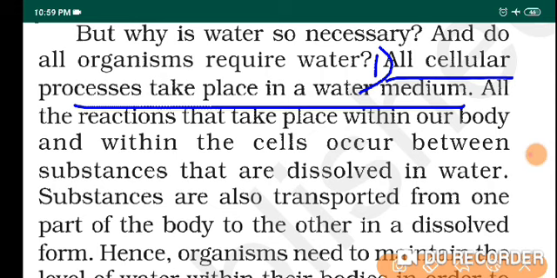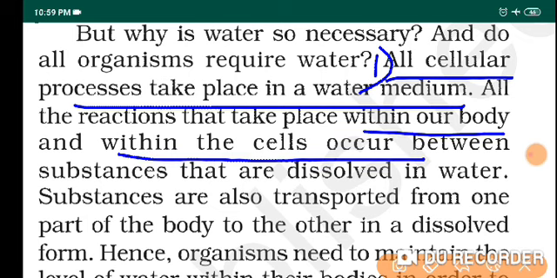Again, the reactions which are taking place within our body and within the cells are occurring between substances which are dissolved in water. You say that biochemical reactions are taking place, fine, and these reactions are taking place between substances, but these substances are dissolved in the water medium. Clear?